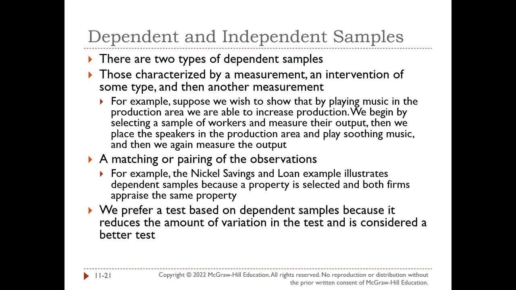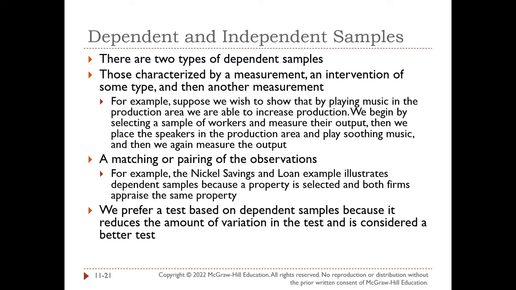We would have pooled the variance of the samples and used the formula. But because we're using a before and after approach, they're dependent on each other. The hypothesis test based on dependent samples eliminates the variation between the values of the properties and focuses only on the comparison in the two appraisals.